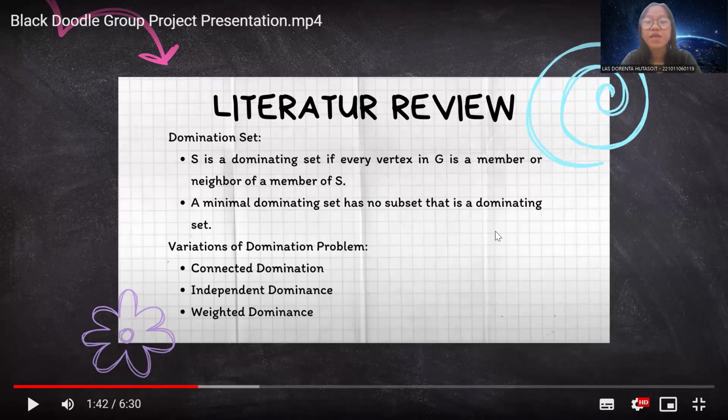A set S ⊆ V of vertices in a graph G = (V, E) is a dominating set if every vertex v ∈ V is an element of S or adjacent to an element of S. Alternatively, we can say that S ⊆ V is a dominating set of G if N[S] = V(G).